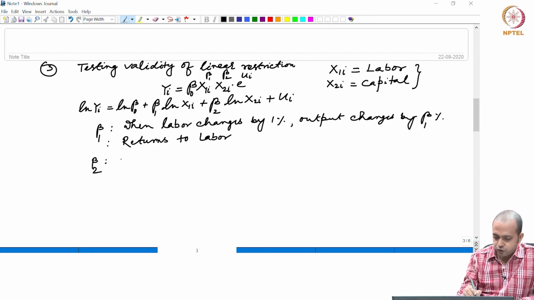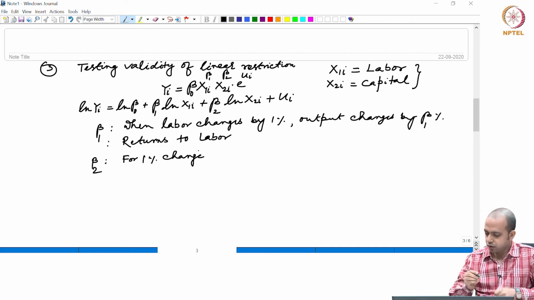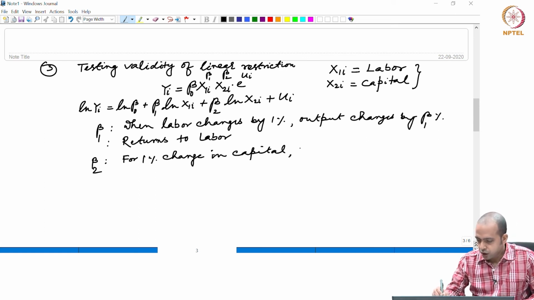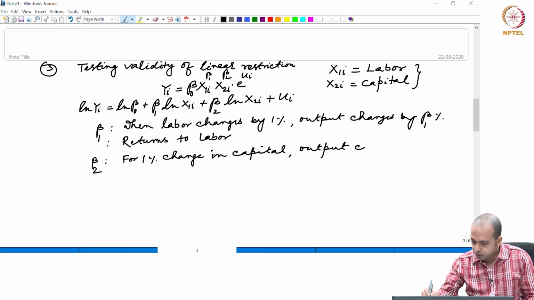That means for 1% change in capital, output changes by beta 2%.